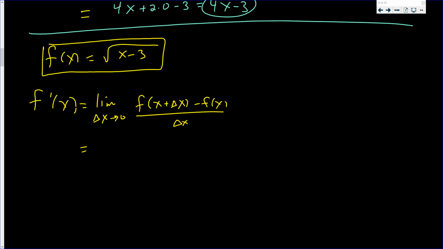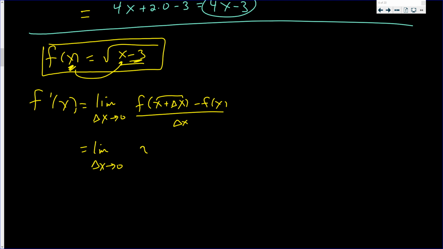Now, what does f do to what's in the brackets? Well, it takes away 3, and then it takes the square root of it. It takes away 3, there's x. We take away 3, and we take the square root of the whole thing. If you can say it in words, then this becomes easy.